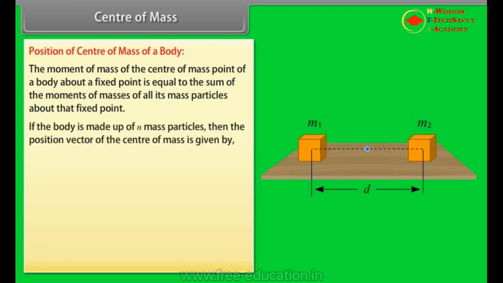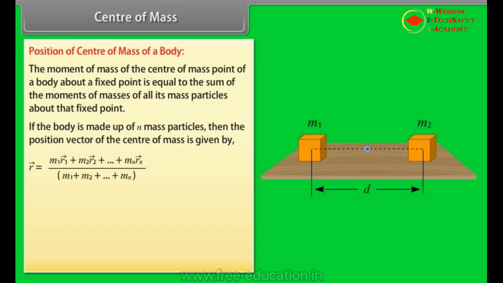If the body is made up of n mass particles, then the position vector of the center of mass is given by r vector equals m1 r1 vector plus m2 r2 vector plus so on till mn rn vector, divided by m1 plus m2 plus so on till mn.